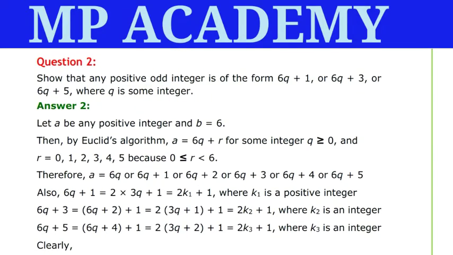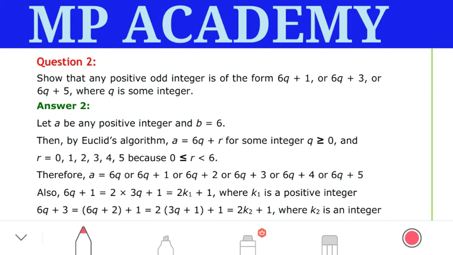Now next question. Show that any odd integer is of the form 6q plus 1, 6q plus 3, or 6q plus 5, where q is an integer. See here, every first digit is 6, right? So here let a be any positive integer and b equal to 6, because all the first digits are 6: 6q plus 1, 6q plus 3, 6q plus 5.